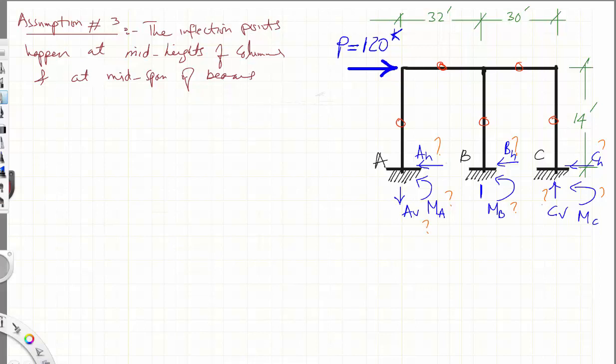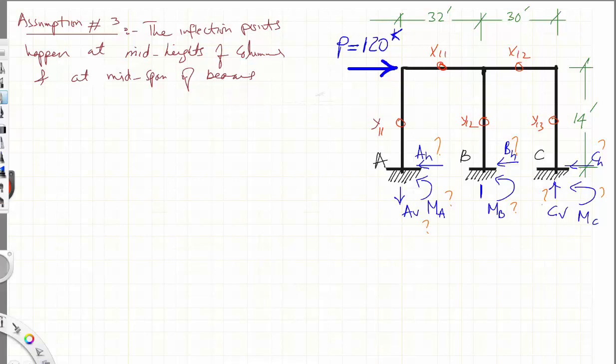So I could call these ones Y11, and this is Y12, this is Y13, this is X11, and this is X12.